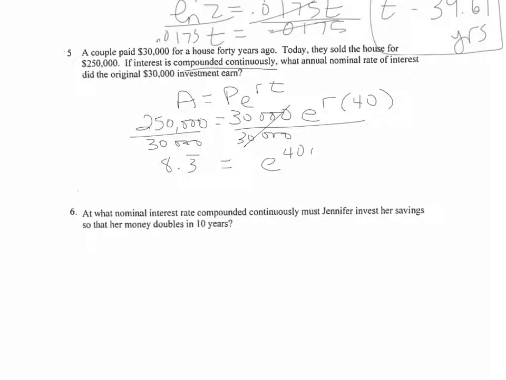Now you do what? Take the natural log of each side, which means I have 40r on the right equals the natural log of 8.3 repeating. So if we divide both sides by 40, we'll get our answer. Remember our interest rate will be in decimal form.